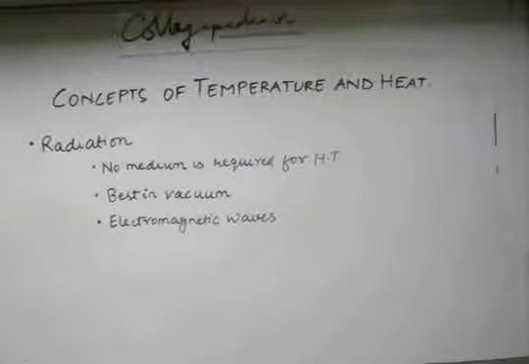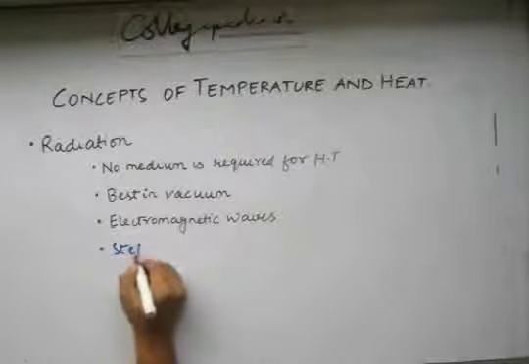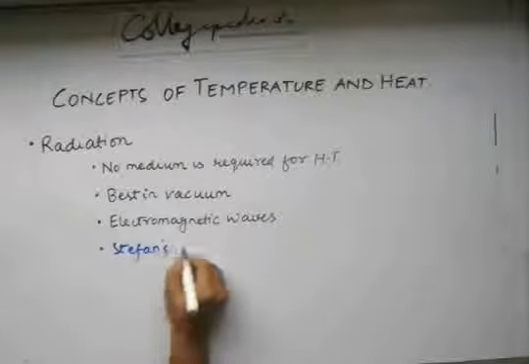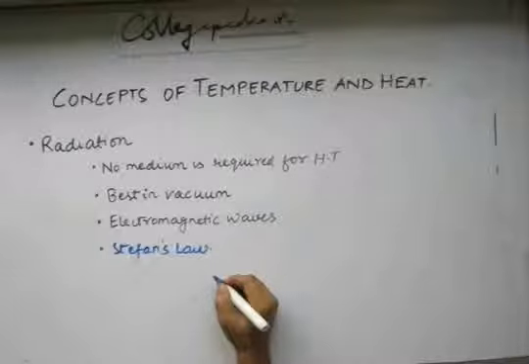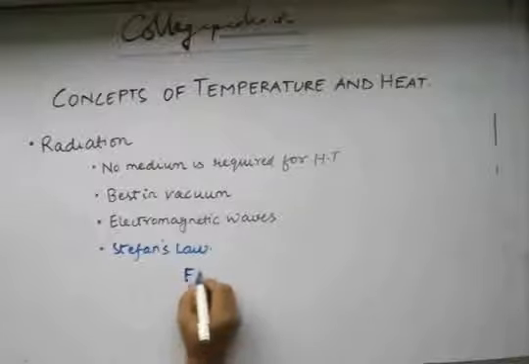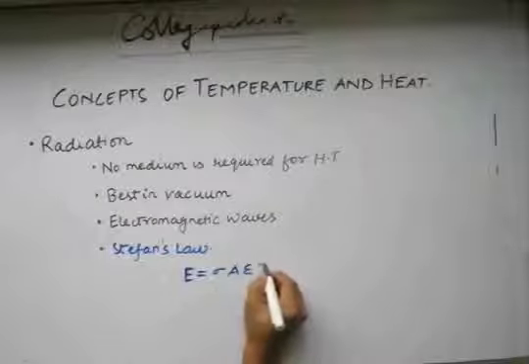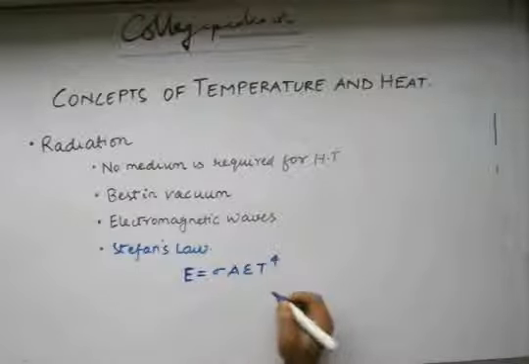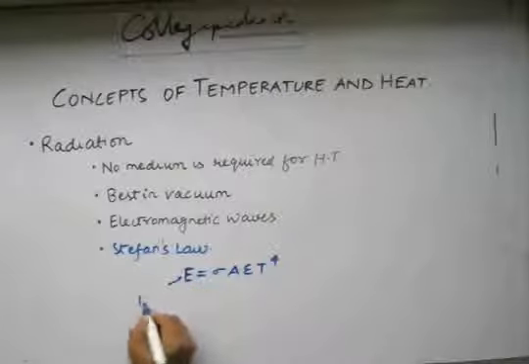The radiation heat transfer is governed mathematically by something known as the Stefan's law. From Stefan's law, we say that the emissive power of a body is equal to this expression. This E is the emissive power.